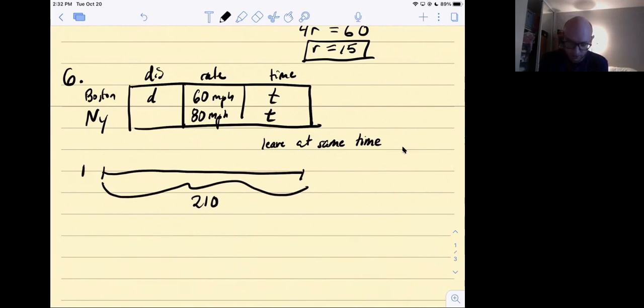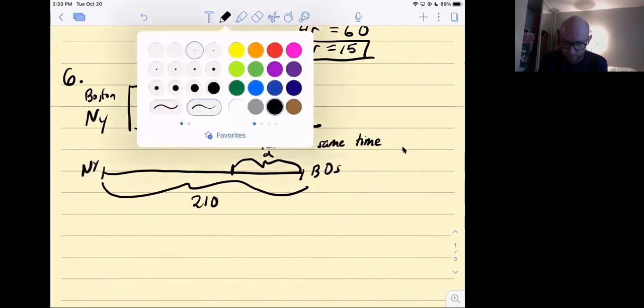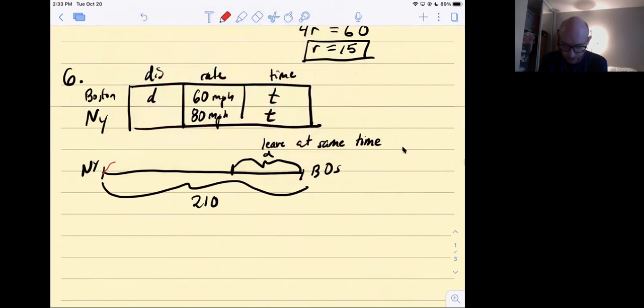So here's New York and here's Boston. If one of them travels distance d, how far does the other one travel? So what would this distance be? You can put d2, nice, it would be 210 minus d.